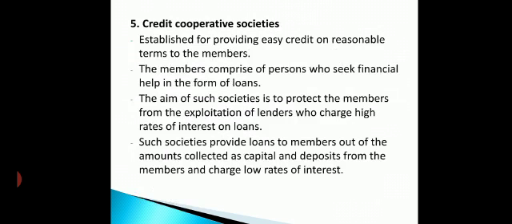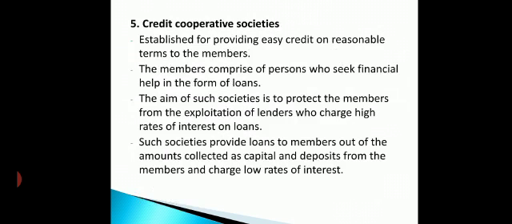When I go to a private money lender, the rate of interest charged is obviously high as compared to cooperative societies, nationalized banks, or private banks. So this cooperative society offers different kinds of loans to the members at a reasonable rate of interest and with minimum procedure.